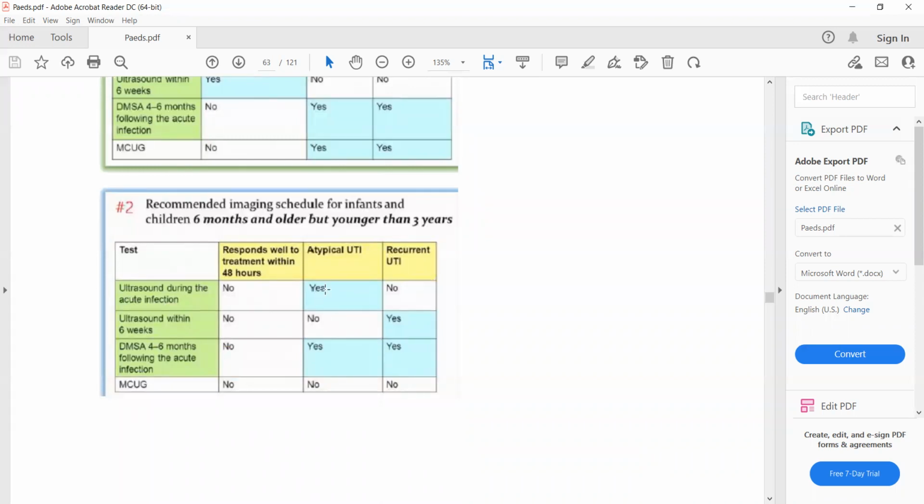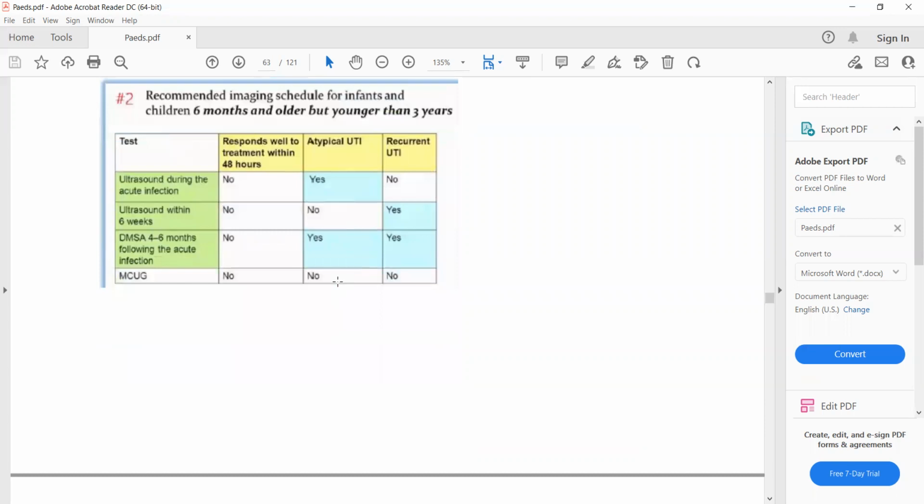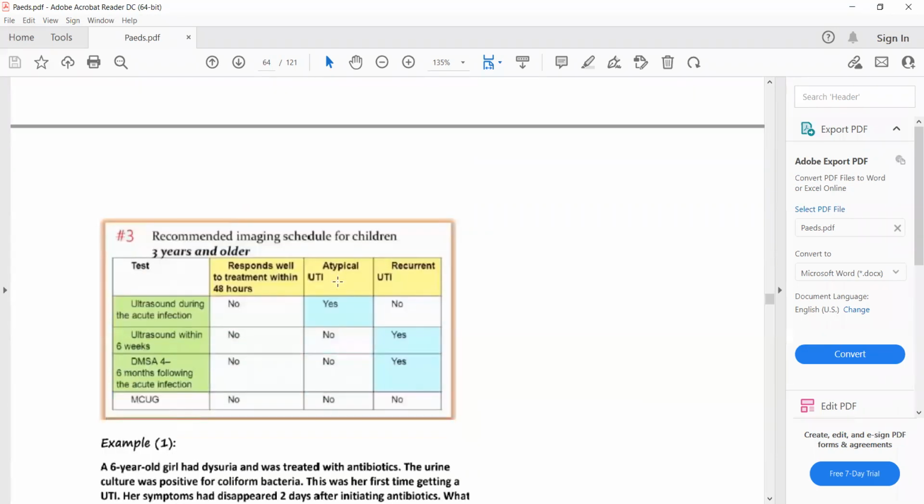That is, ultrasound will be done immediately in children who are 6 months or older, and in children who are 3 years or older. In case of atypical UTI, ultrasound will be done immediately, and there is no need to do a DMSA scan if the child is 3 years and older.